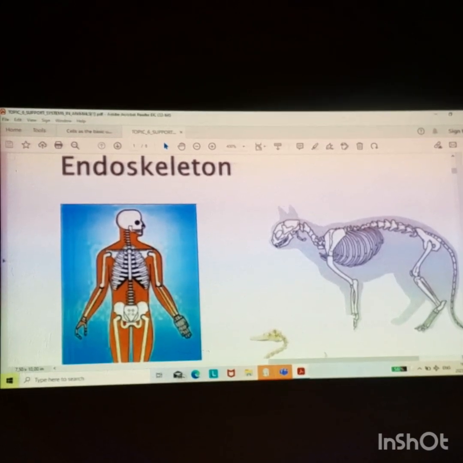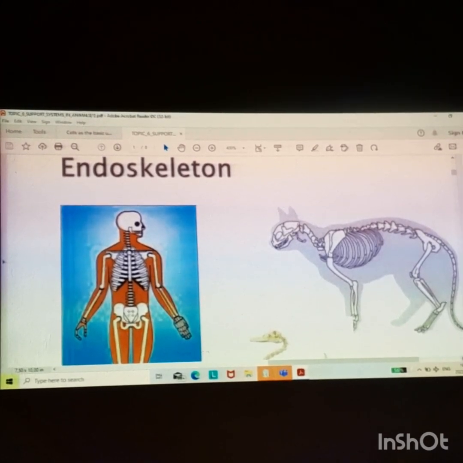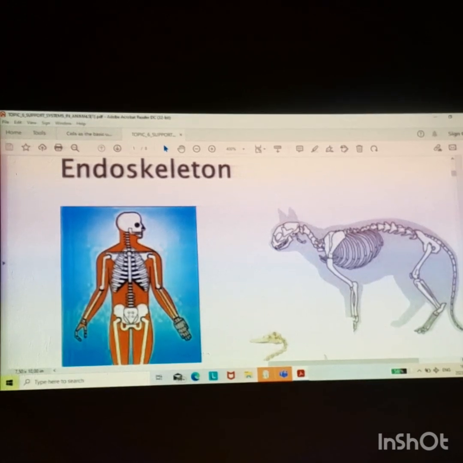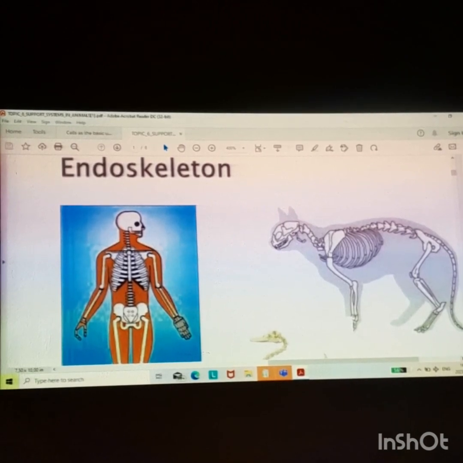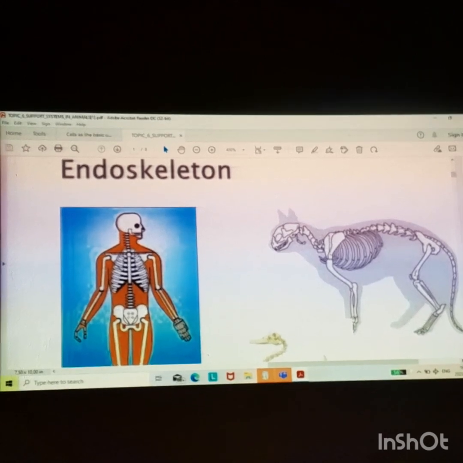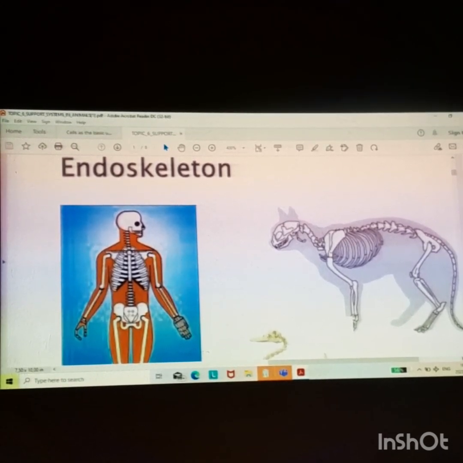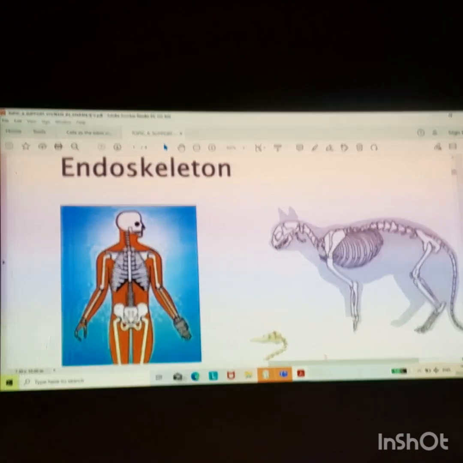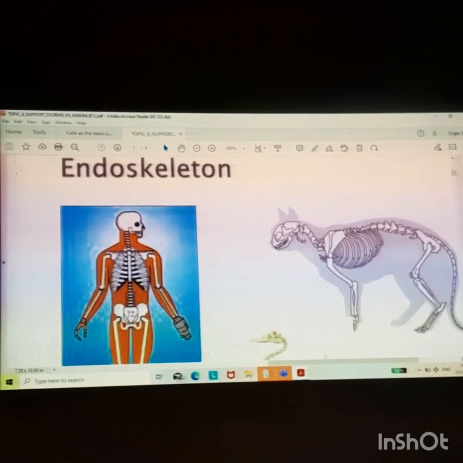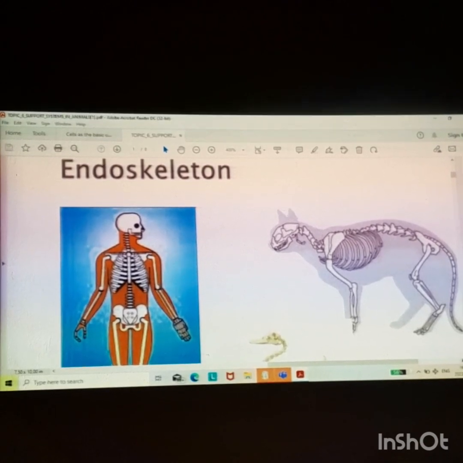You see? So when we talk about an endoskeleton, we talk about a skeleton which is found inside of the body or inside of the organism, meaning that their support system is found inside of their body, meaning that you cannot see it with your naked eyes when you look at that certain organism.